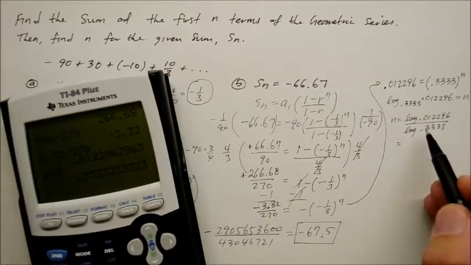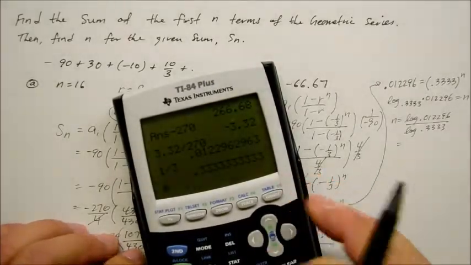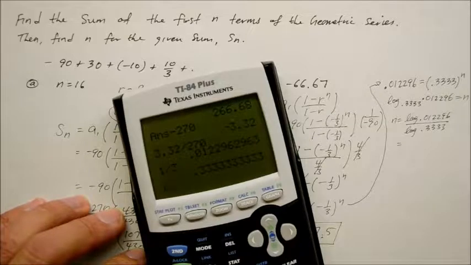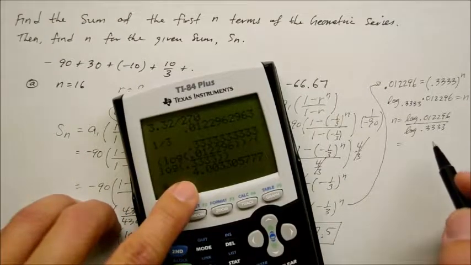Yeah, you're going to need a calculator for this. If you've been saving your money for a graphing calculator, scientific calculator, this is now you really need it. So let's enclose each of the expressions in parentheses, log 0.012296, close parentheses, divided by log 0.3333, close parentheses, and I get 4.0033.